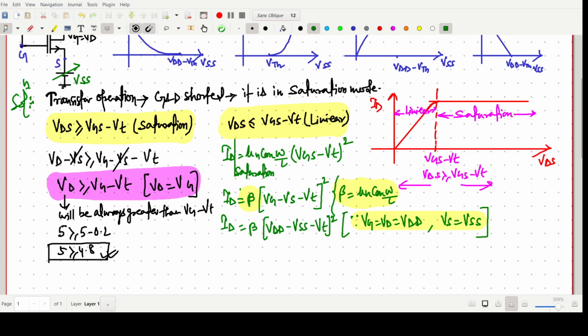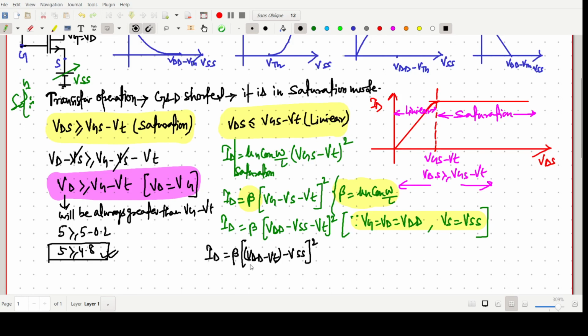For the time being, we write ID equals beta times (VDD minus VT minus VSS) whole square.